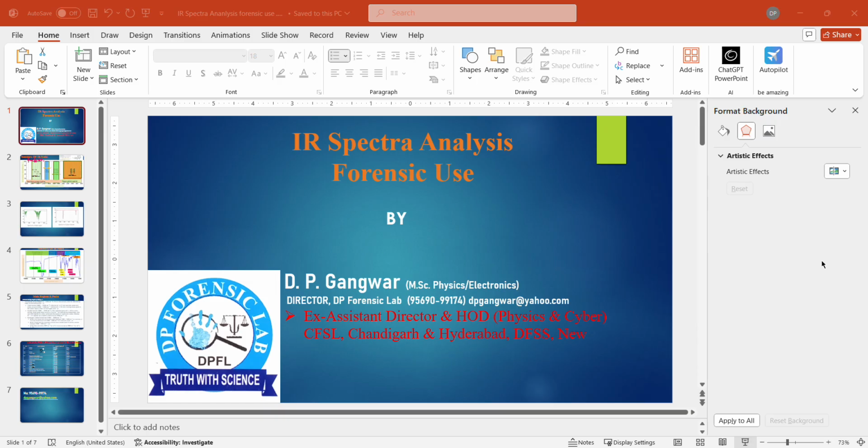Further, for the triple bond, the region is 2000 to 2500 centimeter inverse, and this is for alkynes. C≡C bonds are typically weak and sharp, around 2100 to 2260.